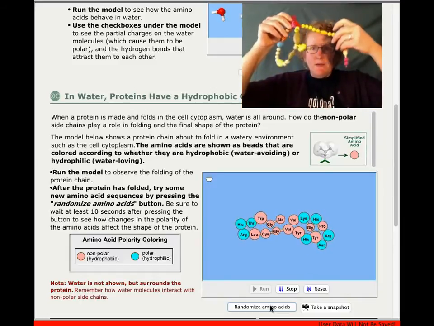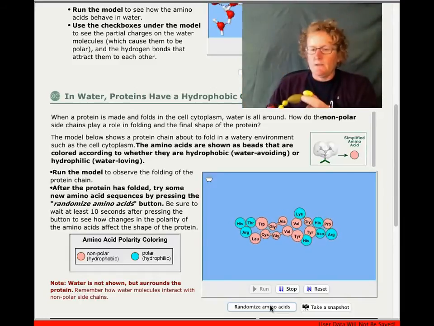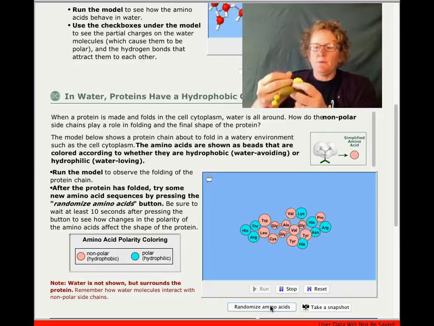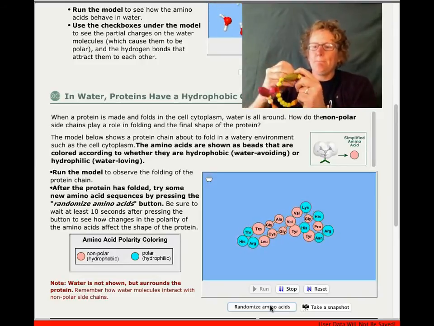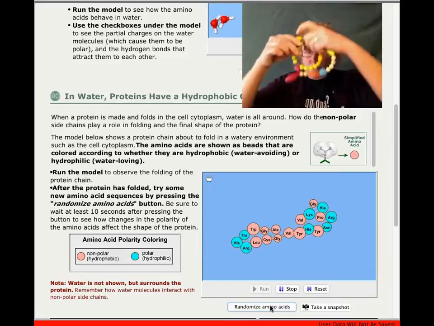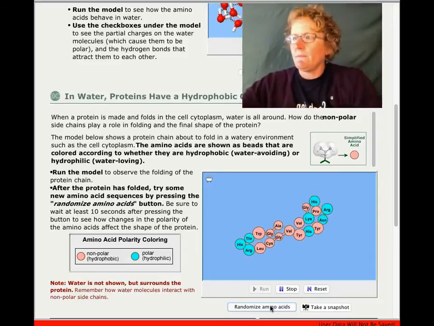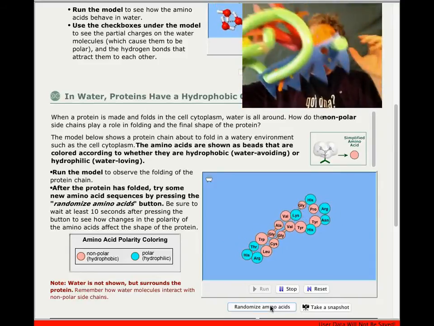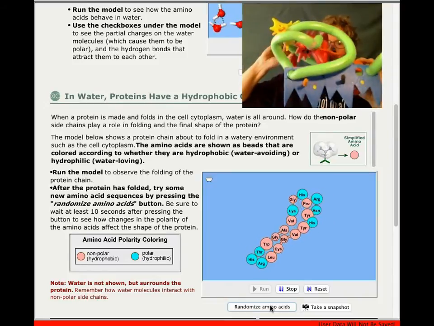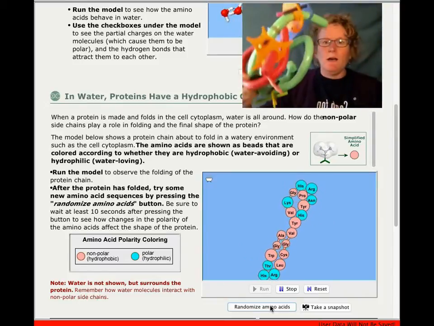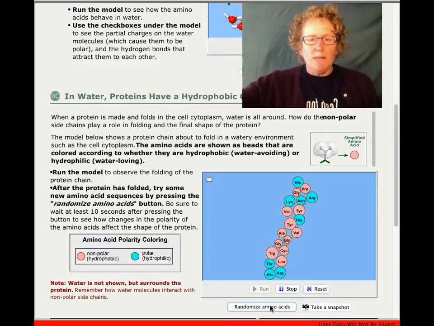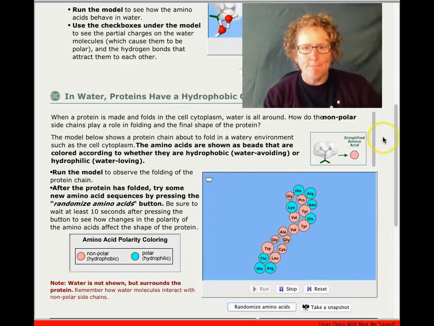And that helps make the protein chain as well. That gives the protein its shape. This one might be like porin and making a channel. This one might be more like hemoglobin, which is a very complex protein in your blood that carries oxygen.